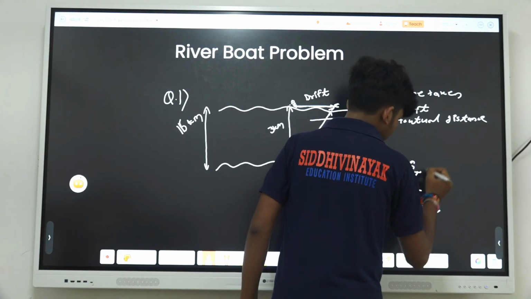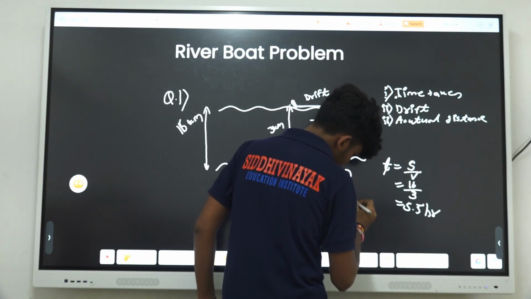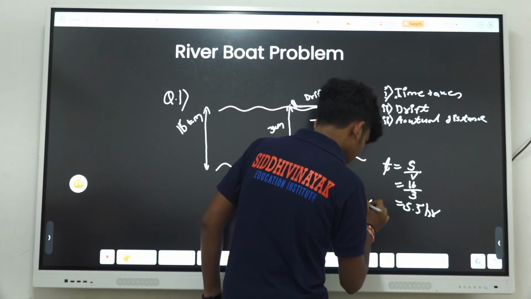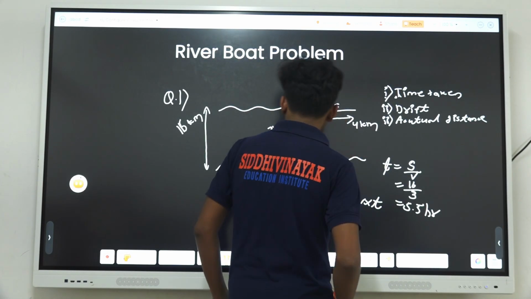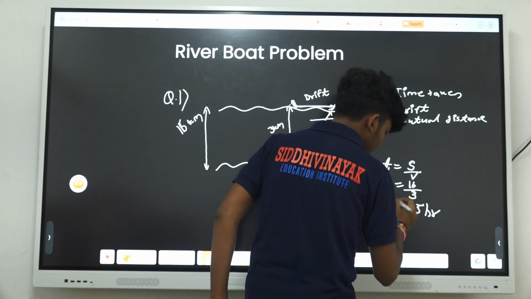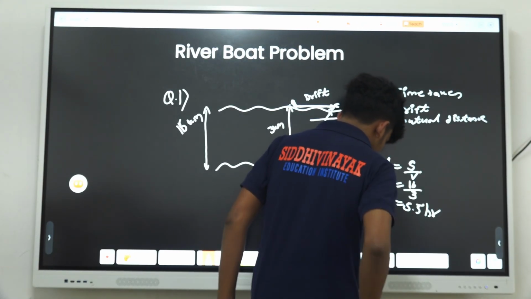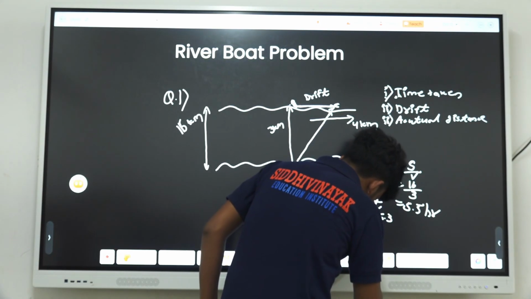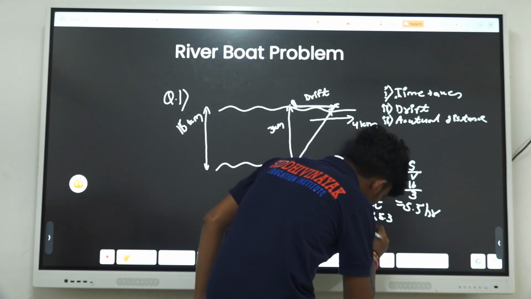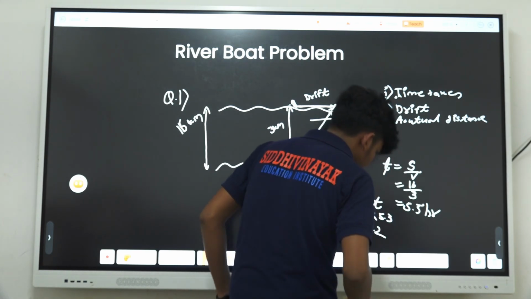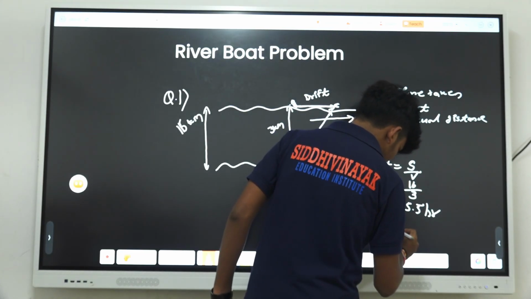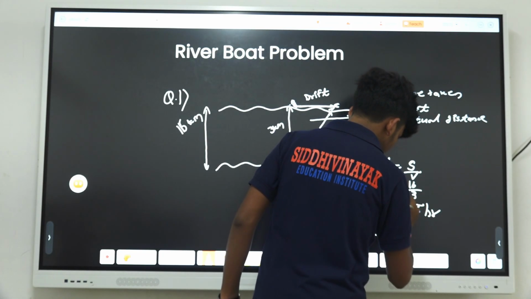For this distance we use the formula S equals V into T. The velocity of the river is 4 kilometers per hour, so 4 into the time taken, 5.3. The multiplication gives 21.2 kilometers. So the drift is 21.2 kilometers.